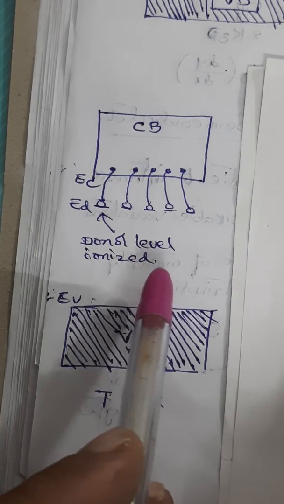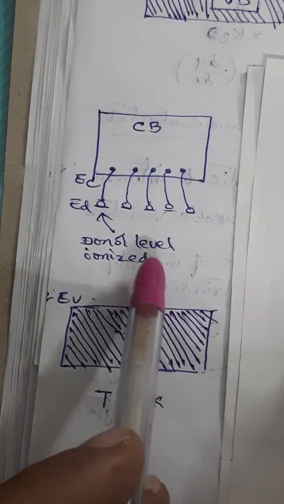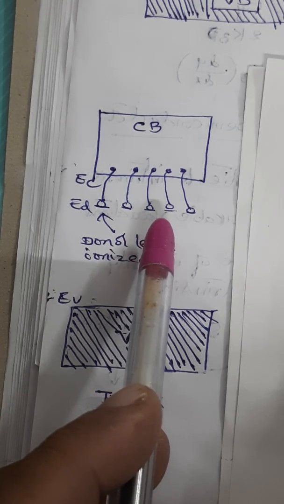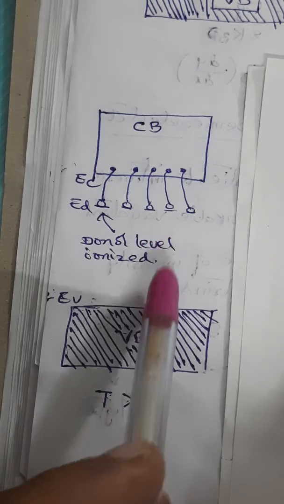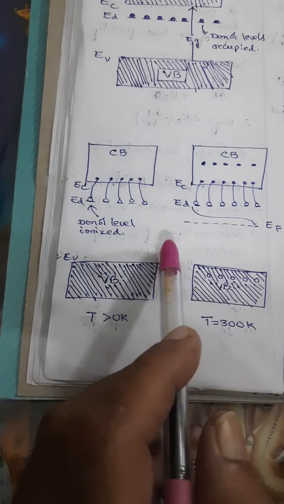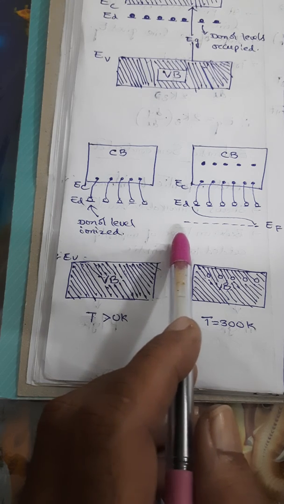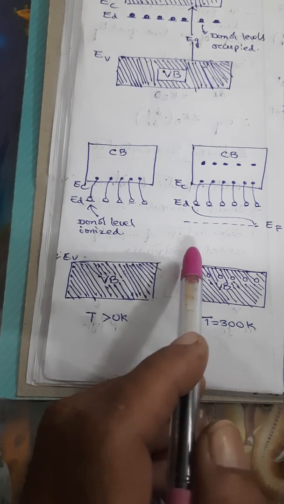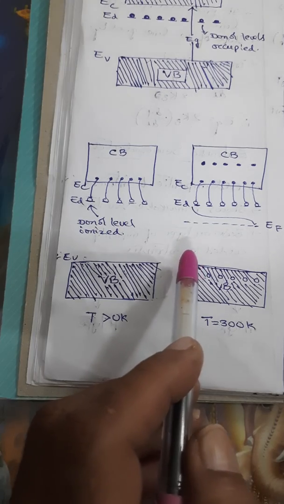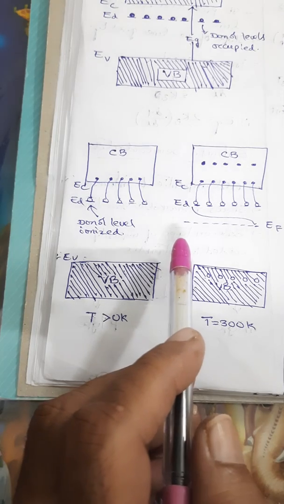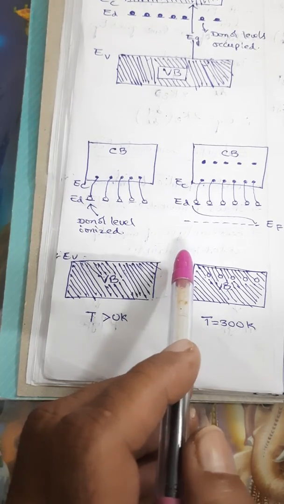At a still higher temperature, breakage of covalent bonds takes place and releases an electron-hole pair. That is, when the temperature is raised to a higher temperature, covalent bonds break, and the breakage of a covalent bond releases an electron-hole pair.